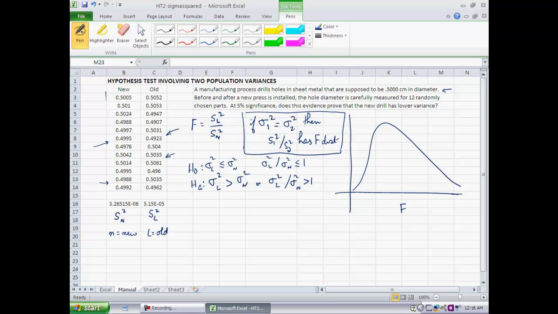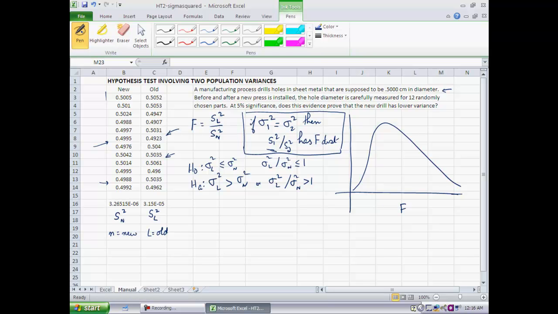And we discussed in class that if sigma 1 squared is equal to sigma 2 squared, so if the null is true as an equality and the two population variances are in fact equal, then we know that the ratio S1 squared divided by S2 squared, where S1 and S2 are the two sample variances, has the F distribution, which looks similar to the chi-square distribution in that it is not symmetric, it's non-zero, it doesn't extend to negative values of F, and it's sort of skewed to the right, and it has degrees of freedom associated with it too.